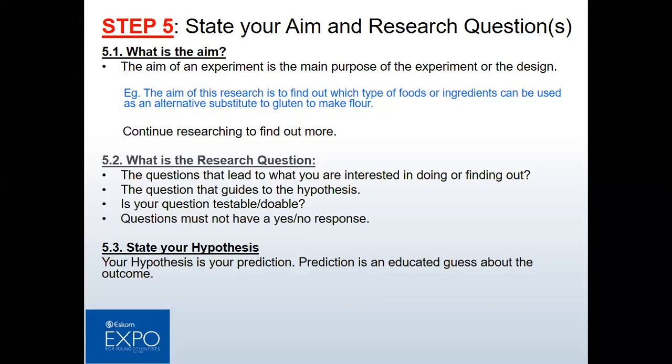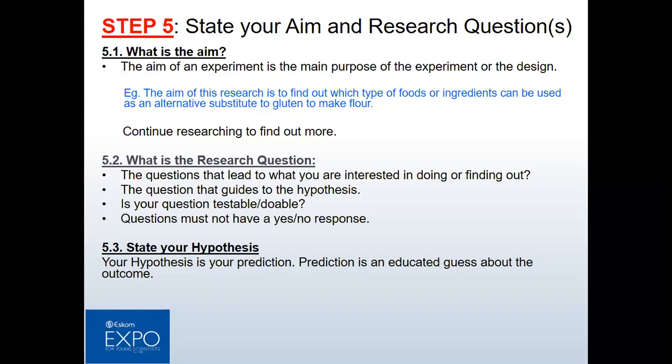There's flour made from cauliflower. These things I'm going to be researching about and learning more about, which will lead me to a specific research question, to guide me to something more specific that I'm interested in finding out, right?